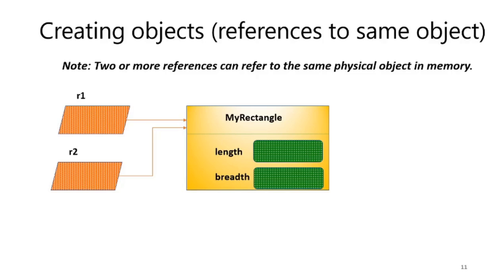If you use this statement, then R1 and R2 both refer to the same class and the same physical object in the memory. So you can access the members of the MyRectangle class using either R1 or R2 because both are referring to the same physical object in the memory.